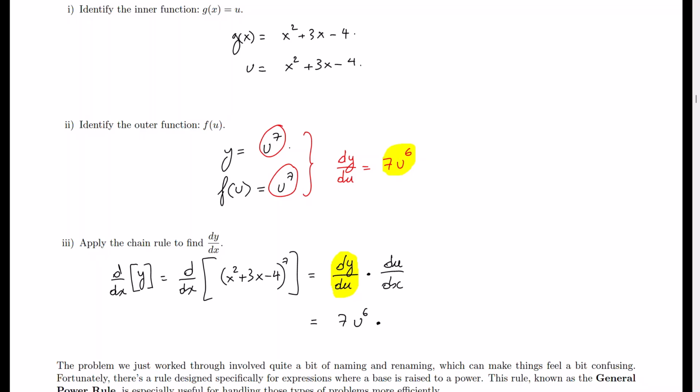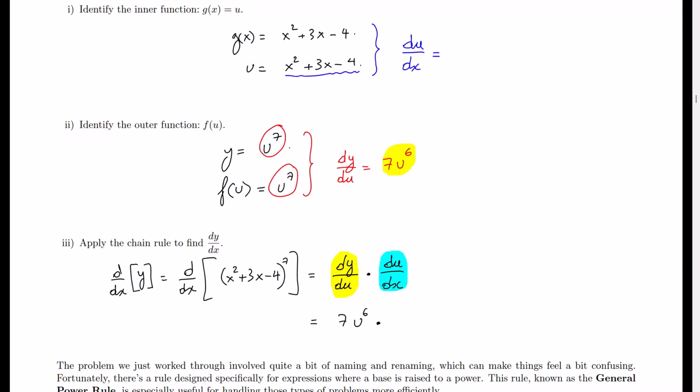Then I need to multiply that by du/dx, meaning the derivative of u with respect to x. So where do I get this from? Well, I get it from part 1 of the problem. We already know that u is x squared plus 3x minus 4, so what is du/dx going to be? What is the derivative of x squared plus 3x minus 4?